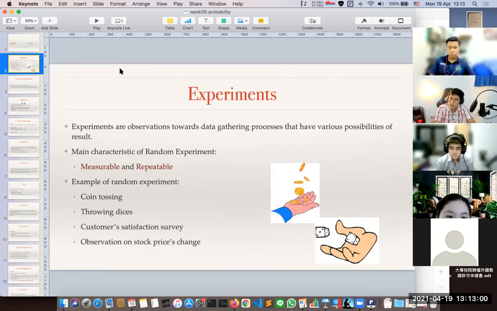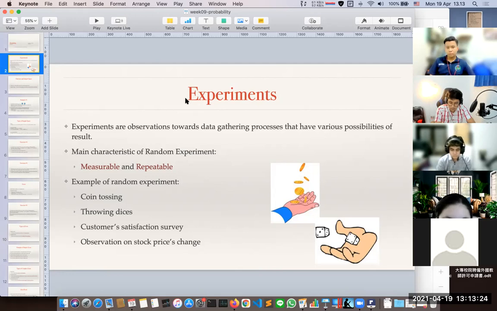Basically, in statistics and in many observations, you will usually be asked to do a random experiment. There are random and deterministic experiments. I'm not going to talk about deterministic experiments since they're quite boring.